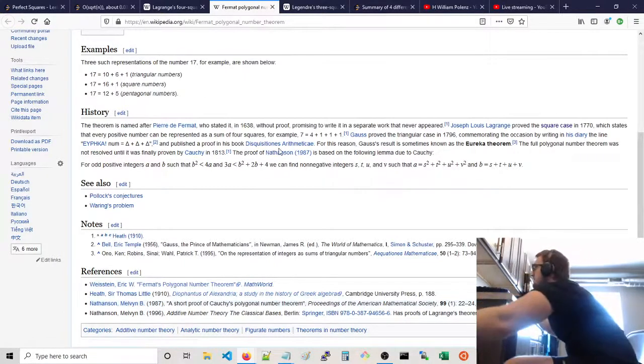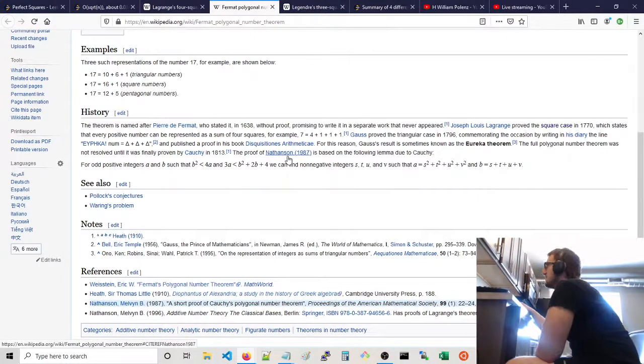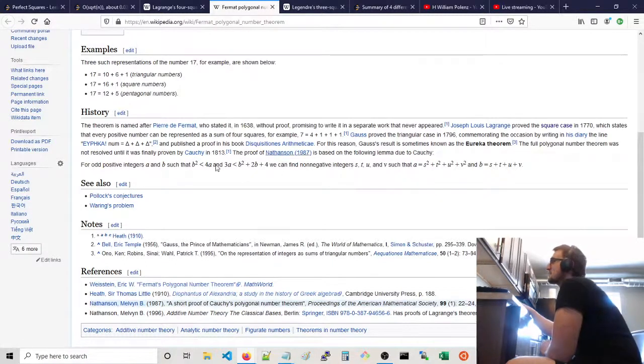So he's got another proof in 1987. Let's see, that would be 33 years ago. Am I crazy? That's not 33. That's 34. 34 years ago, okay, before I was born.